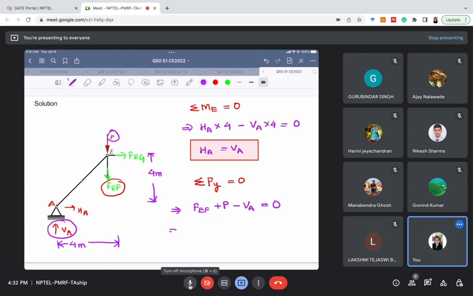So we have got a relation: FEF is equal to VA minus P. The value of P is already given in the question. So once we find the value of the vertical reaction VA, we can simply find the value of FEF.